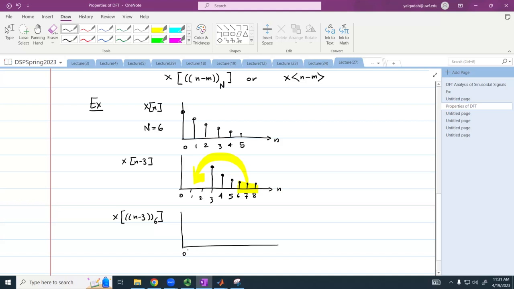So these points at 6, 7, and 8 are going to be shifted and moved to 0.